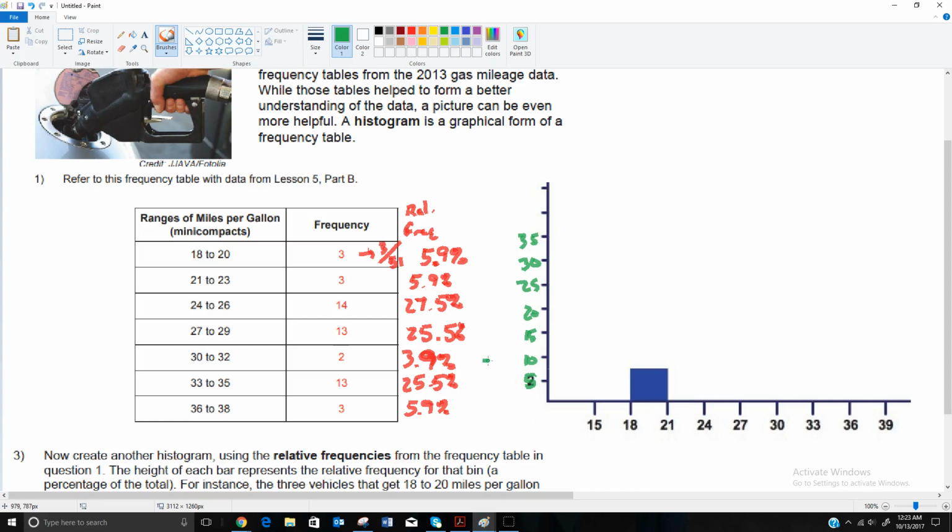So now here I'm going to write again frequency. And actually what I should be writing is relative frequency.